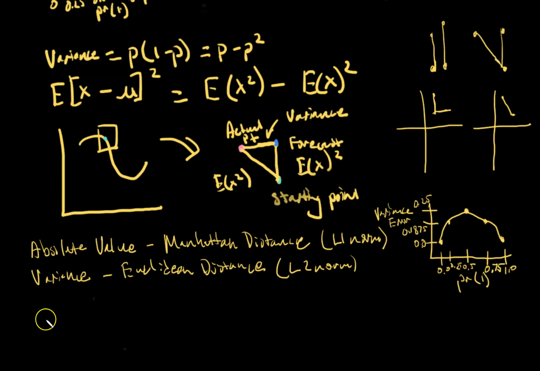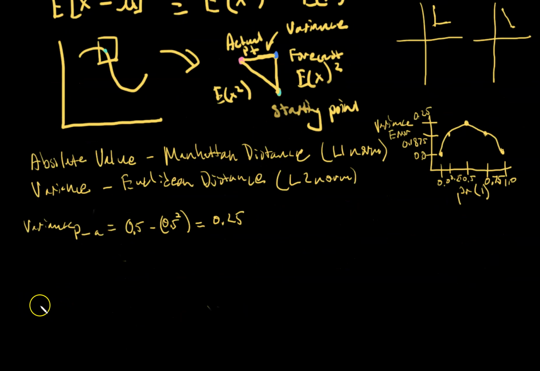For the first decision tree, we have the variance of the parent of A. We saw that it was 400 and 400, so that's 0.5 minus 0.5 squared, which is 0.25.